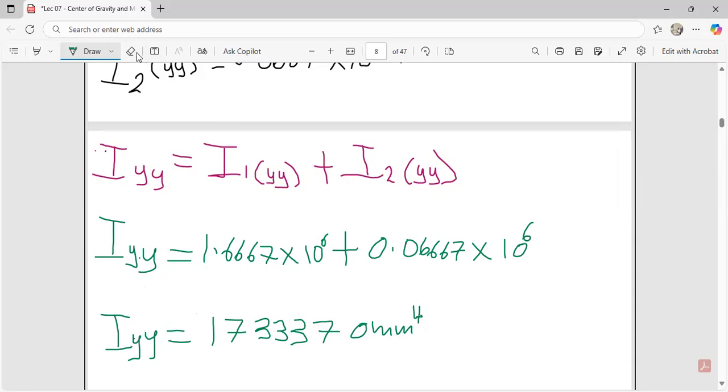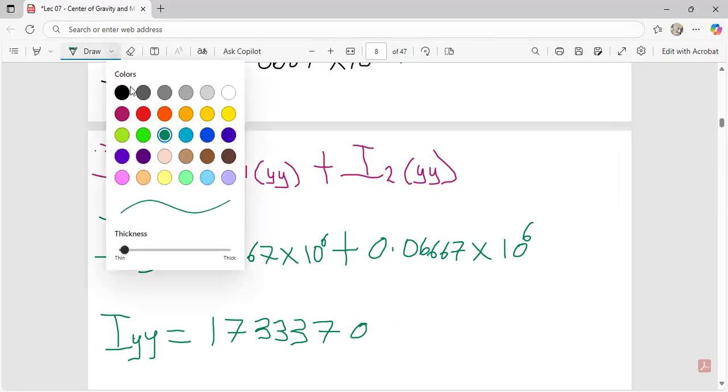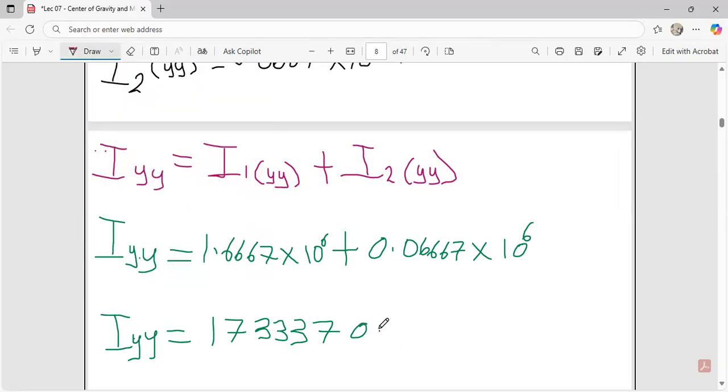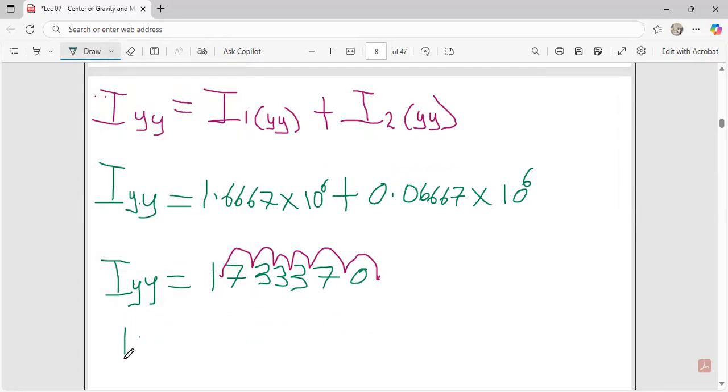This is also accepted. But if you want to leave your answer in standard form, you should know that the point is at the far end. There is a point over here, 0, 0, 0, 0, 0. So to write this in standard form, you have to move 1, 2, 3, 4, 5, 6.